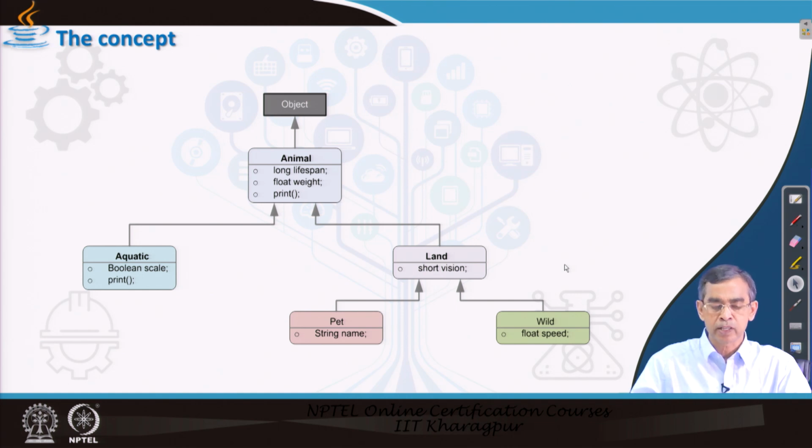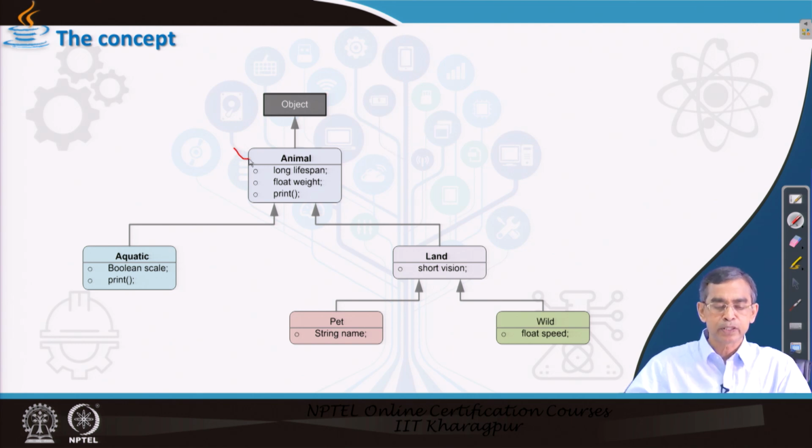You have to hold your patience and follow. If required, you can repeat the videos several times so that you can understand it. Now, let us see how we can proceed. We have to have certain examples. So, basically we consider a class hierarchy, an animal class hierarchy.